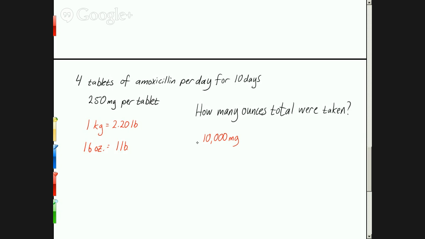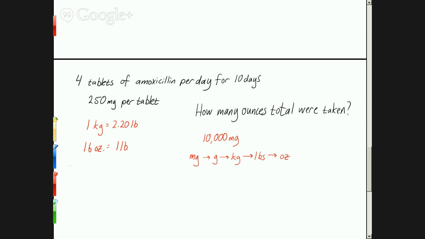I'm going to do it the full way here. We have to go milligrams to grams to kilograms. We can do that from the prefixes that we just learned. Then we can go kilograms to pounds using our first number here. And then we can go pounds to ounces using our second number here.